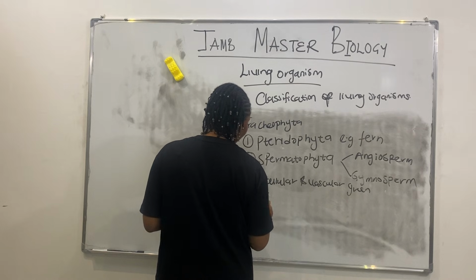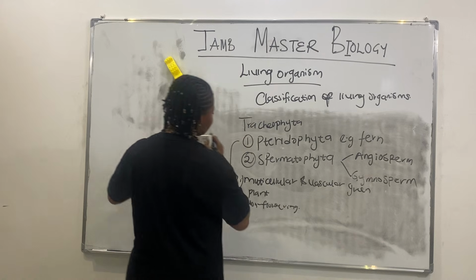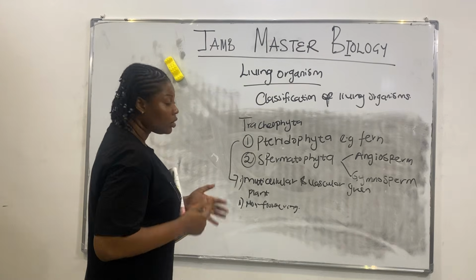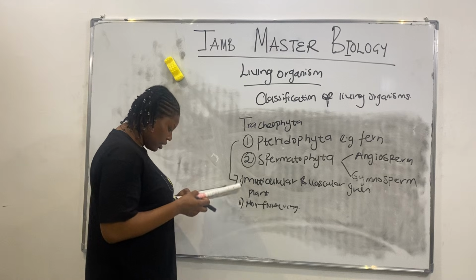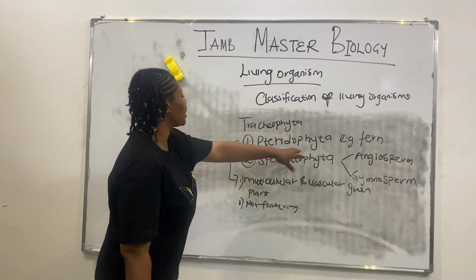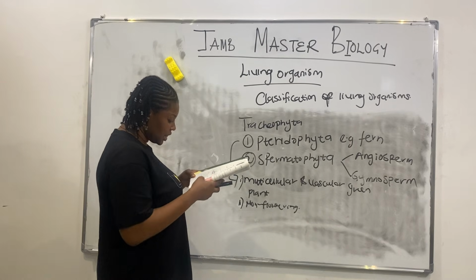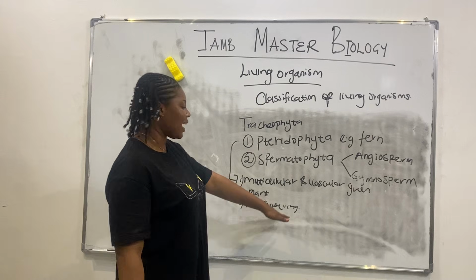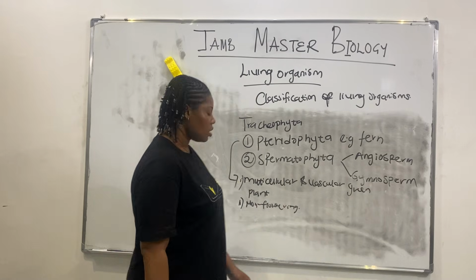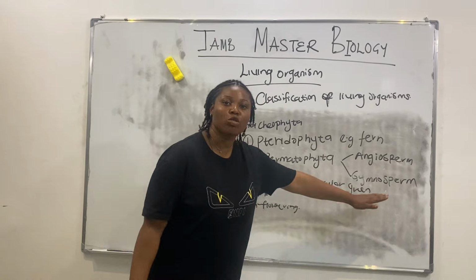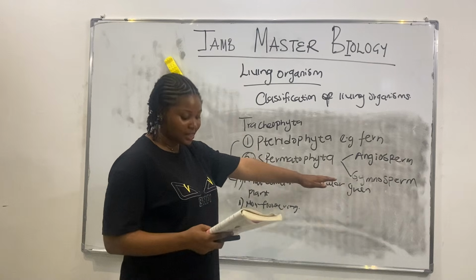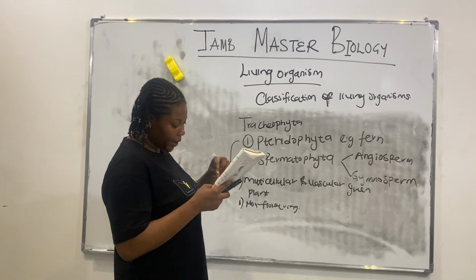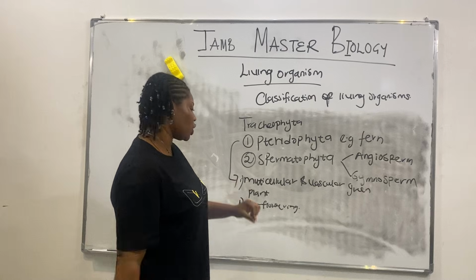They are non-flowering, which means that they do not produce flowers. Another thing about this pteridophyte is that they do not produce flowers, so they cannot produce seeds. They do not produce flowers, hence they do not produce what? They do not produce seeds, right? They reproduce sexually by spores.